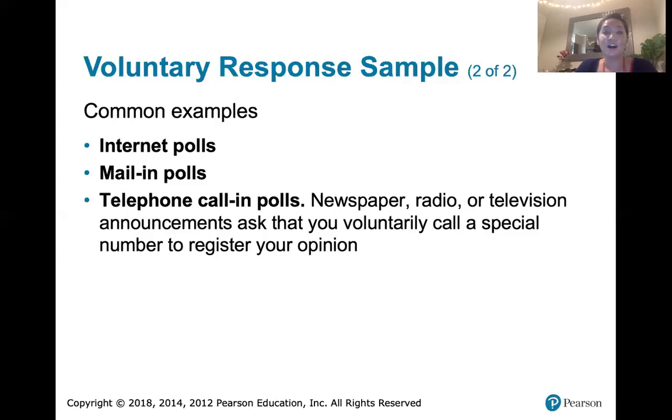Well, people that call and share their opinion are likely to be different from the people that choose not to call and share their opinion. So those are all voluntary response samples, which means that the results of those polls don't tell you anything about the population. They can be very large samples. Lots of people can participate, and it would tell you nothing.